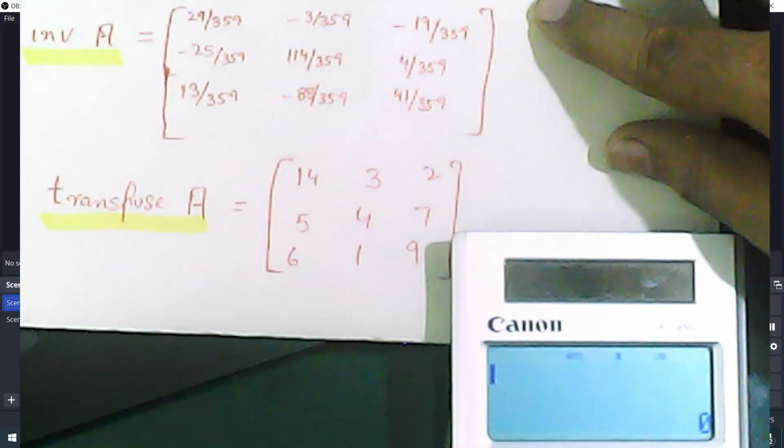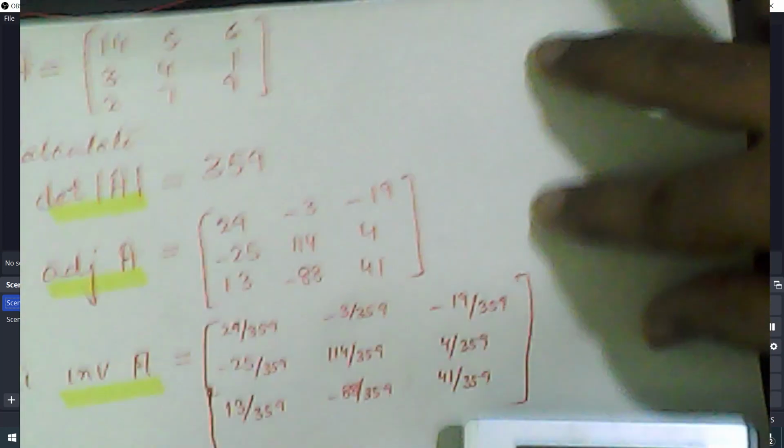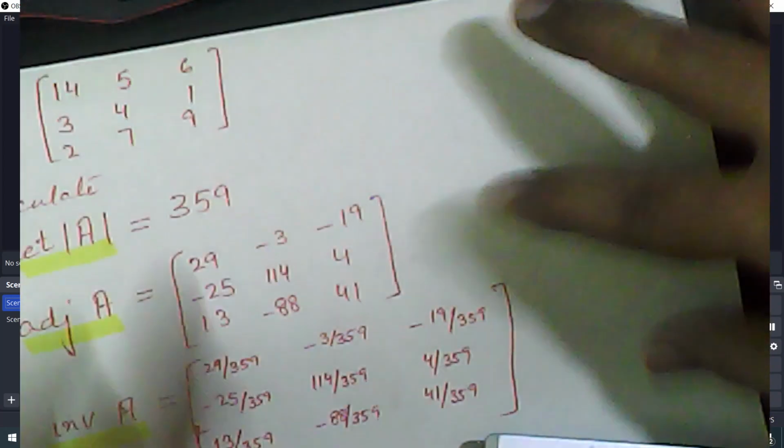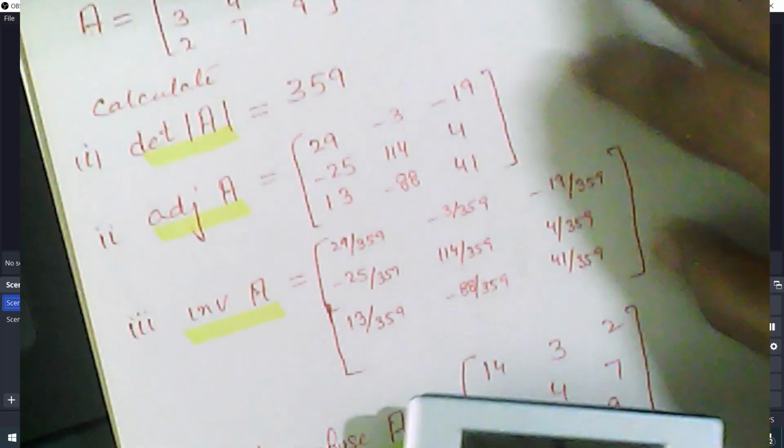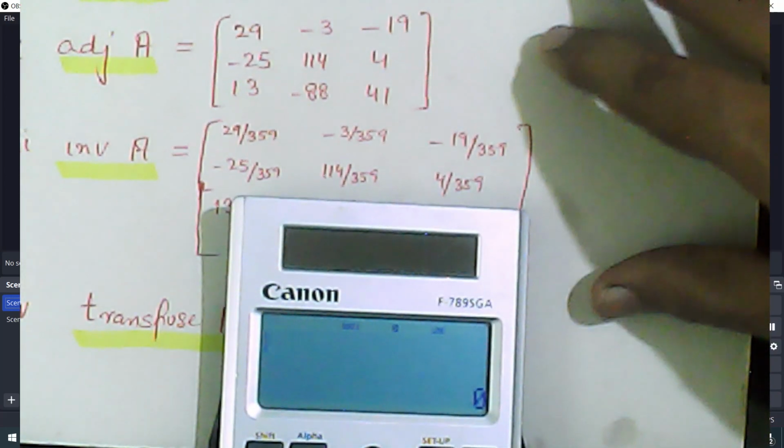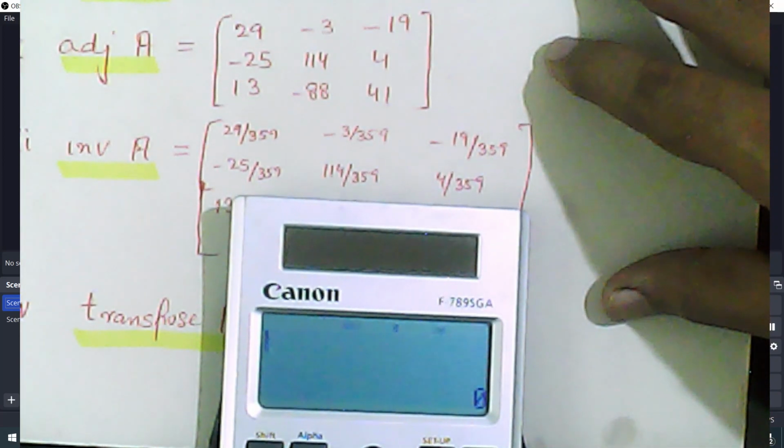And the last but not the least, we're going to go for the transpose. And again, you already know the transpose is nothing but interchanging the rows and columns of the main data. So how are we going to proceed? Again we're going to have that same data in our memory, and we will go for the application phase.